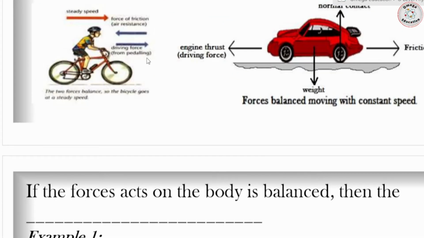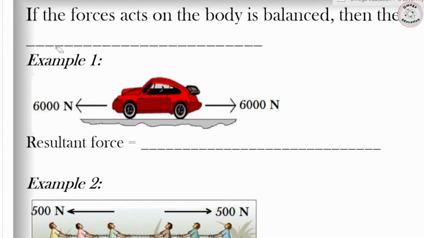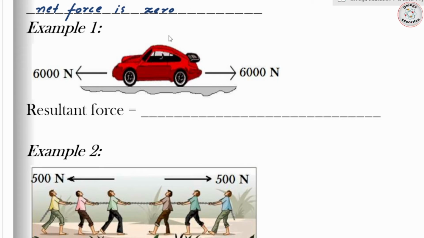All right, moving on to the next thing. If the forces on the body are balanced, then once again the net force is 0. And you find the resultant force. The resultant force in the first case would be 6,000 minus 6,000.